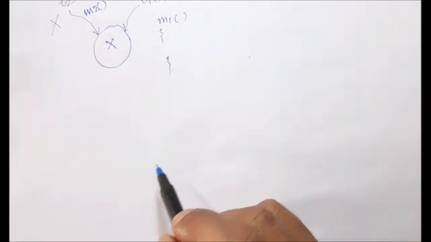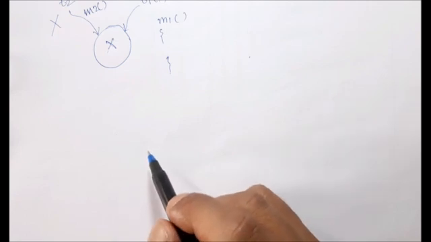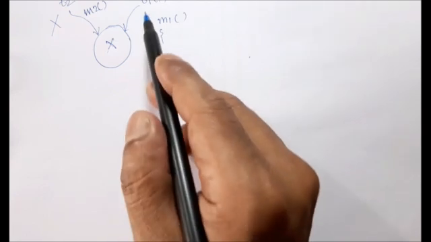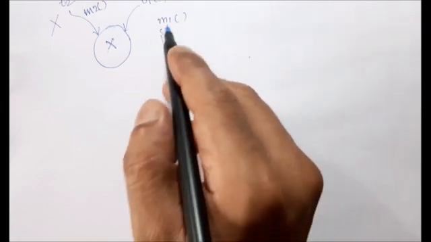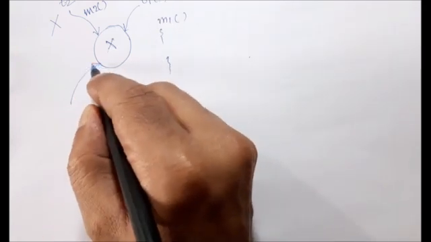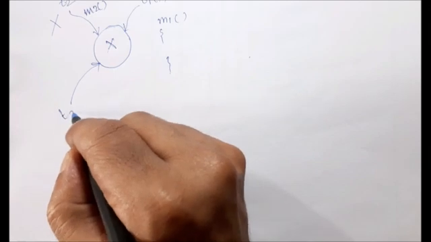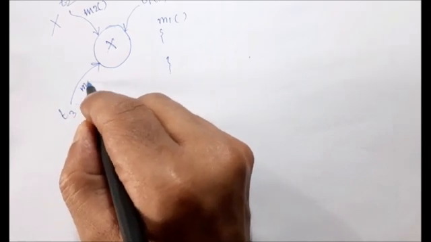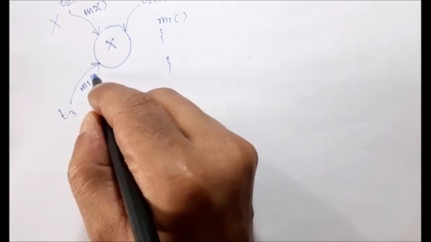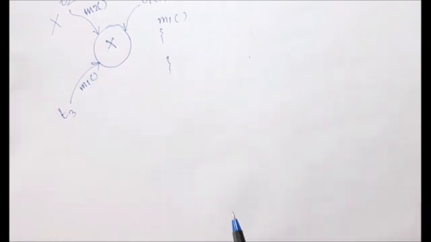But somehow, for the same method, for example, I am thinking another thread comes into existence and wants to access the M1 method. Will it be accessible by this thread T3, yes or no?